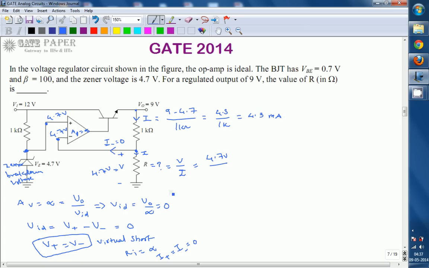This is the same current that flows through R. So the R value is 4.7 divided by 4.3 milliamperes, which is about 1.09 kilo ohms. In terms of ohms, we can write it as 1090. So the right answer for this question is 1090 ohms. Thank you.